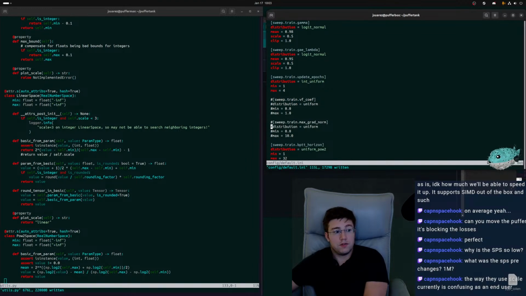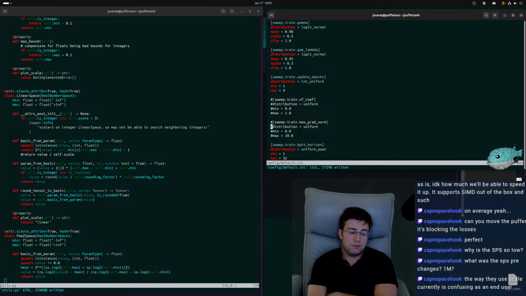Scale is going to be kind of confusing. So for symmetric distribution, three.